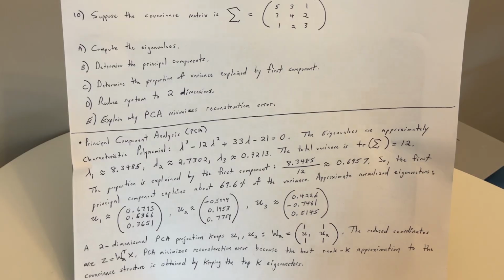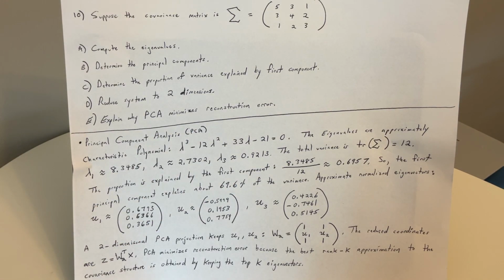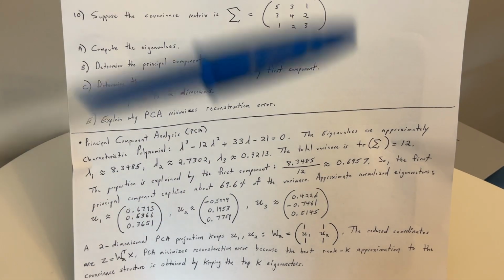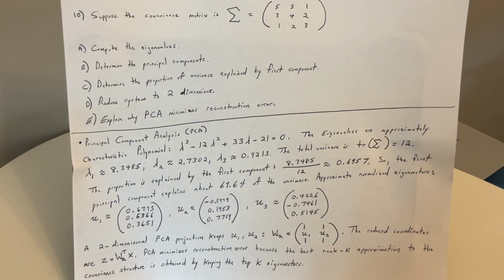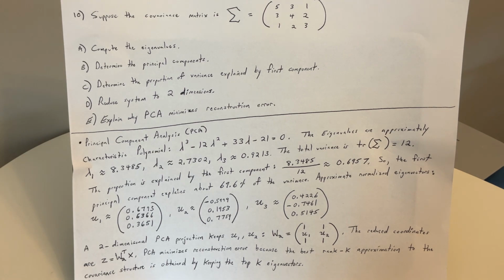So the total variance here is the trace of sigma, which equals 12. So the proportion explained by the first component is 8.3485 over 12, which is about 0.6957. So the first principal component explains about 69.6% of the variance.